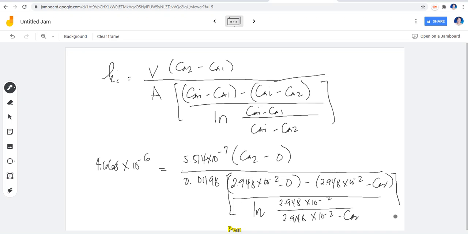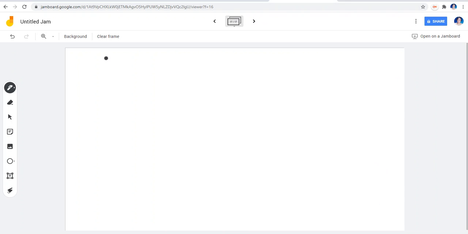This is our entire denominator. If you do the maths, your CA2 value, the concentration of benzoic acid at the exit of your tower, is 2.842 kilomole per cubic meter.